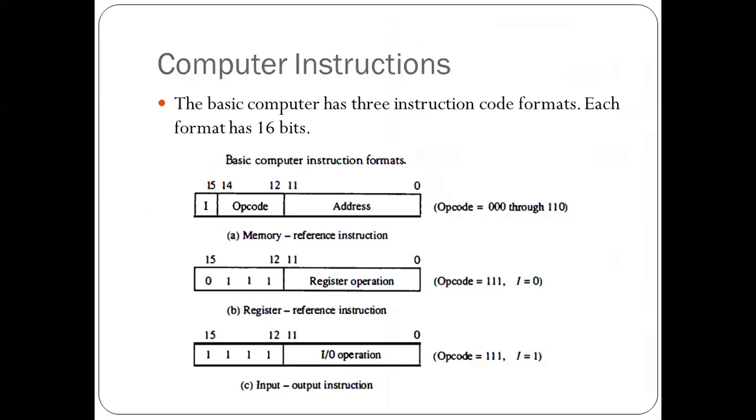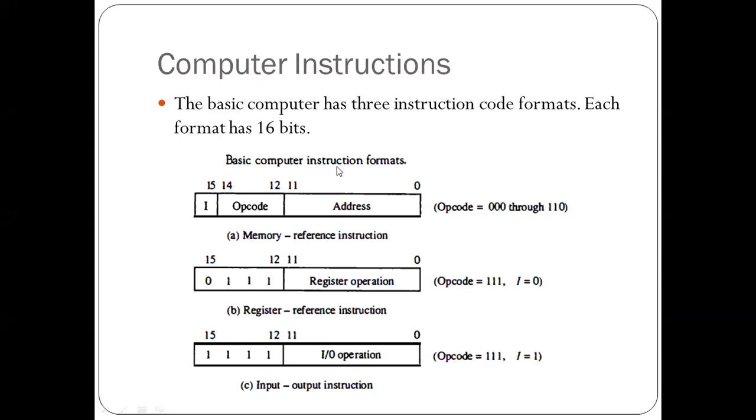Now, we have already seen the three different types of instructions that I have explained earlier. Computer instructions: the basic computer has three instruction code formats depending on the type of reference.